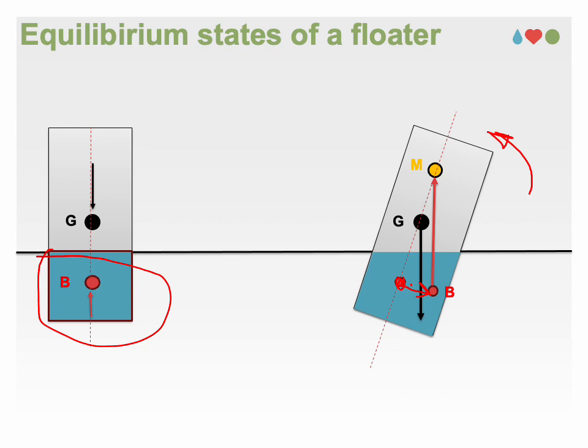The restoring torque generated by the buoyant force is in the opposite direction, in counterclockwise direction to the tilt. This restoring force will stabilize the floating cylinder.